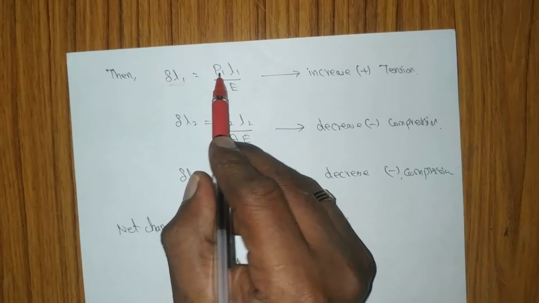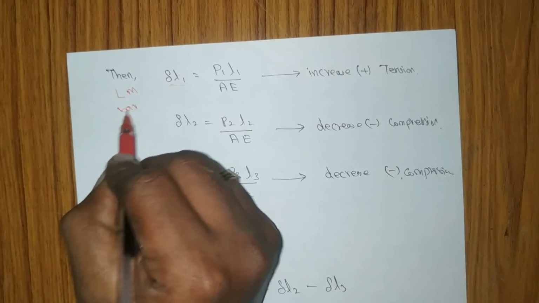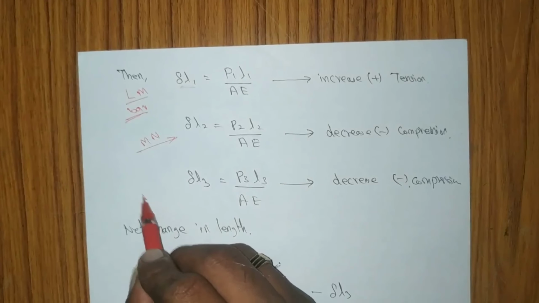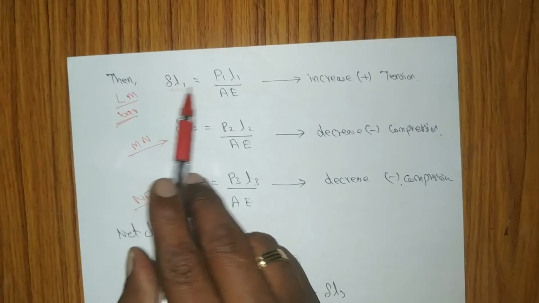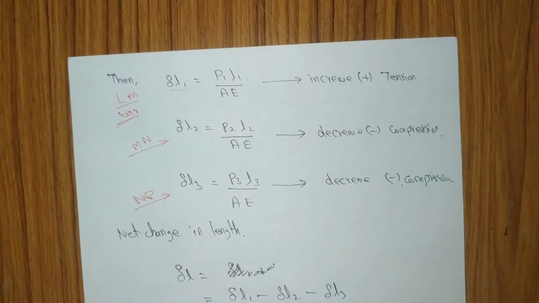This is for LM, this is for MN, this is for NP. So P1 L1 by A1 E1. The area and Young's modulus are common for the entire brass bar, with uniform cross section, but the load P1 in the LM bar is different and the length will be different. So P1 L1 by AE.